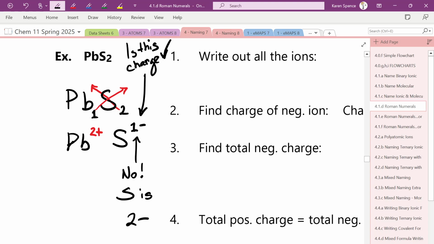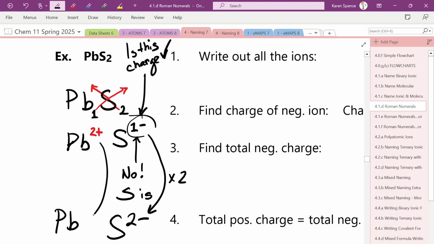Yes? So if you uncrisscross and you discover, oh, my negative charge is not correct, we had to multiply this by 2. Yes, so what do we have to do with our lead? We're also going to have to multiply it by 2, which gives it 4+.